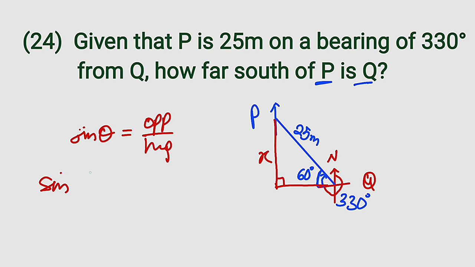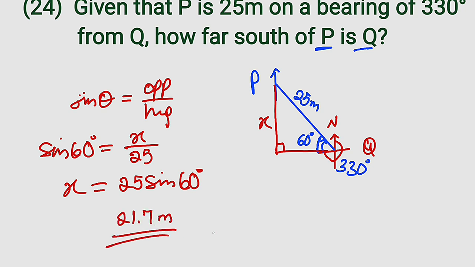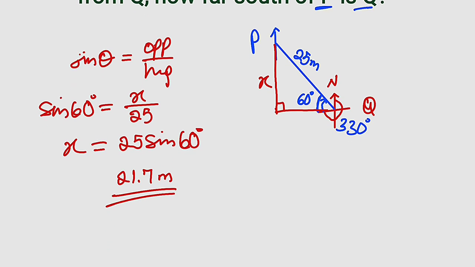So sine of 60 degrees is equal to opposite divided by the hypotenuse, and x is equal to 25 multiplied by sine of 60 degrees. Use your calculator, press this directly, it will give you approximately 21.7 meters, and this is exactly the solution to this problem. Moving on to question number 25.